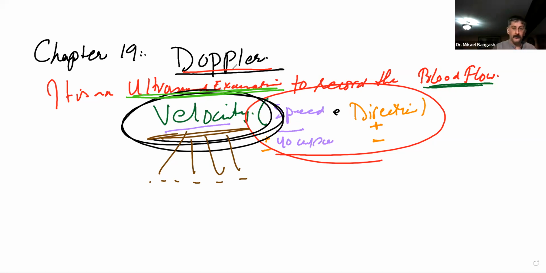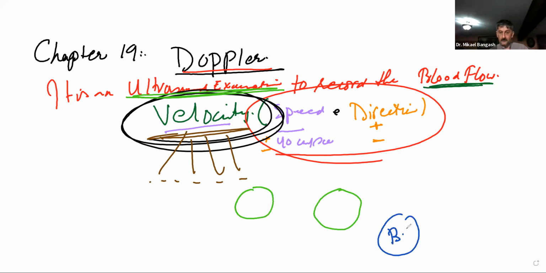When we do a Doppler exam, if you guys remember, on our keyboard we have two buttons which we haven't turned on yet. We had this one, which was your B mode, if you remember that one, right? Over here we had the M mode.